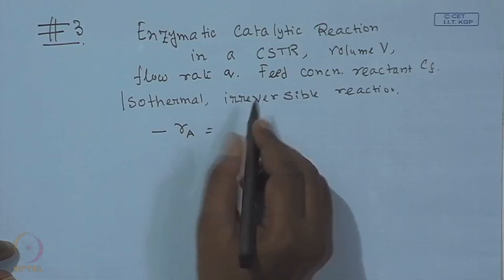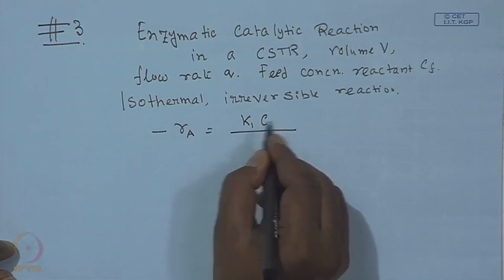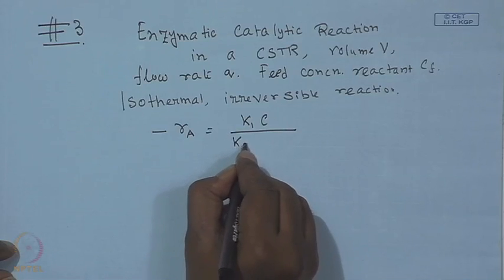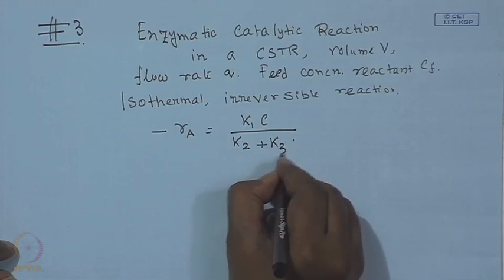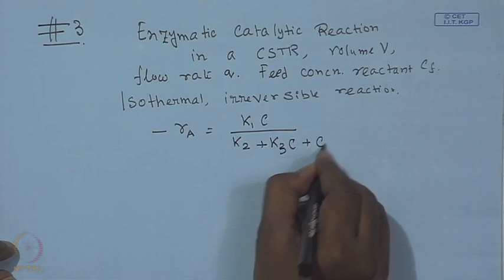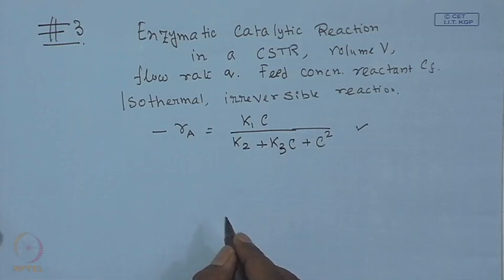The rate expression is given as K1 times C divided by K2 plus K3C plus C square. This is the rate expression.